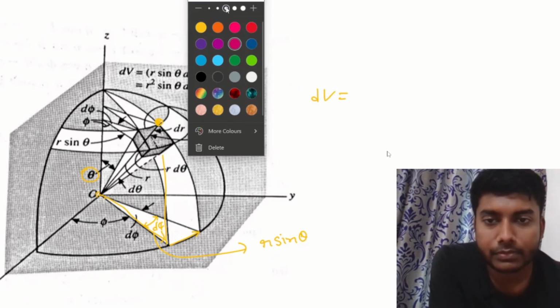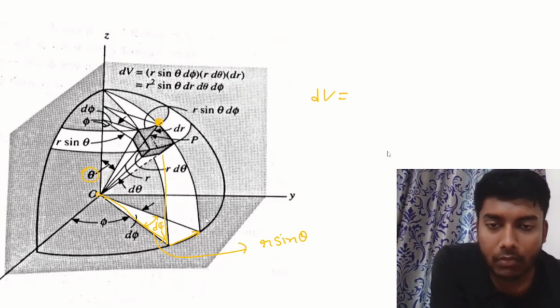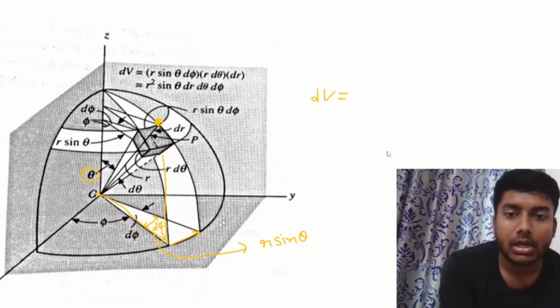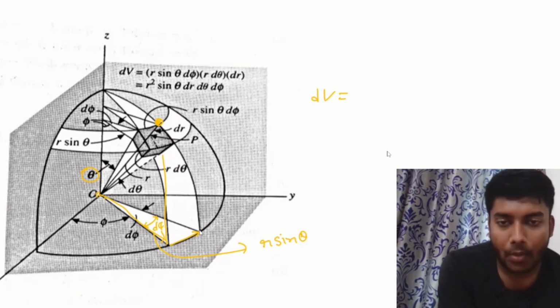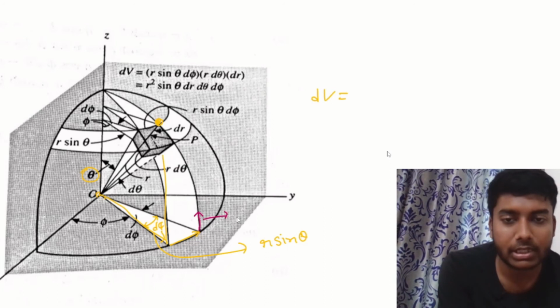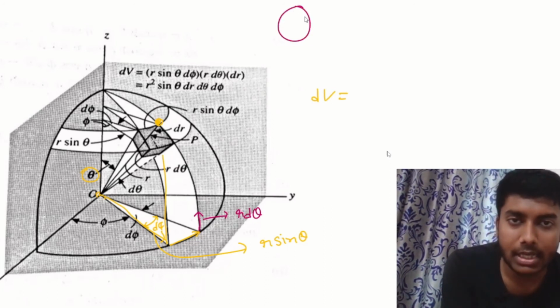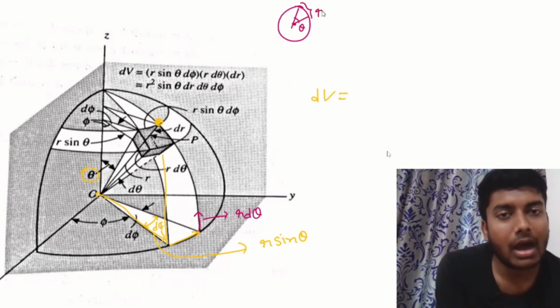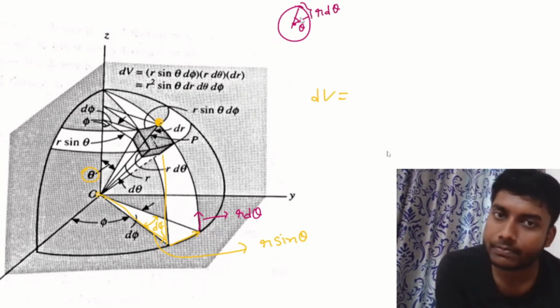Then what will be the next step? The next step will be, we have got an arc, right? So now we have to move upward with a distance, and this distance is what? r d theta. Why? Because let us understand a circle. If this is the circle, and this is angle theta, then this arc will be equal to r d theta, right?